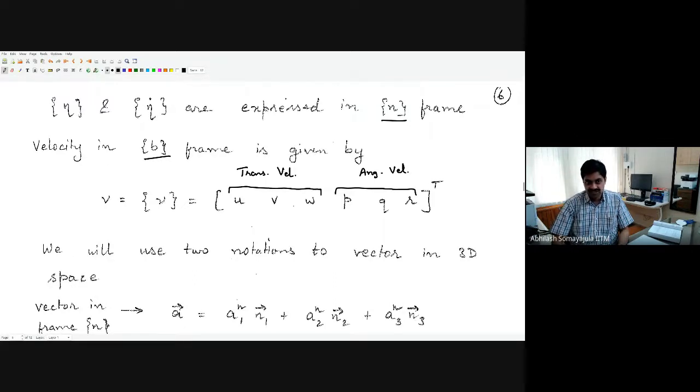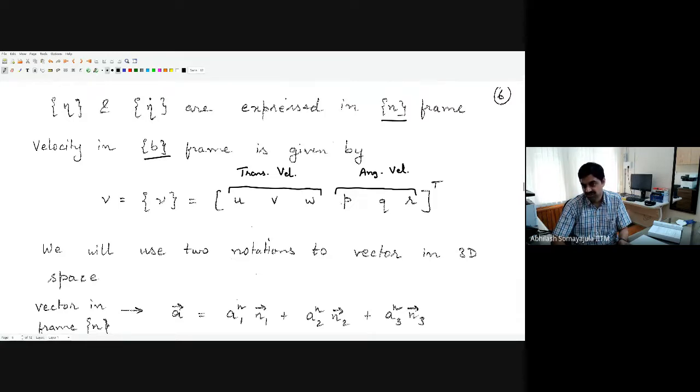We will look at how these two are related in just a minute. We have not talked about the relationship between V and eta dot; they are related through what is called a rotation matrix. But for now, the definition is that u, v, and w denote the translational velocities in surge, sway, and heave.